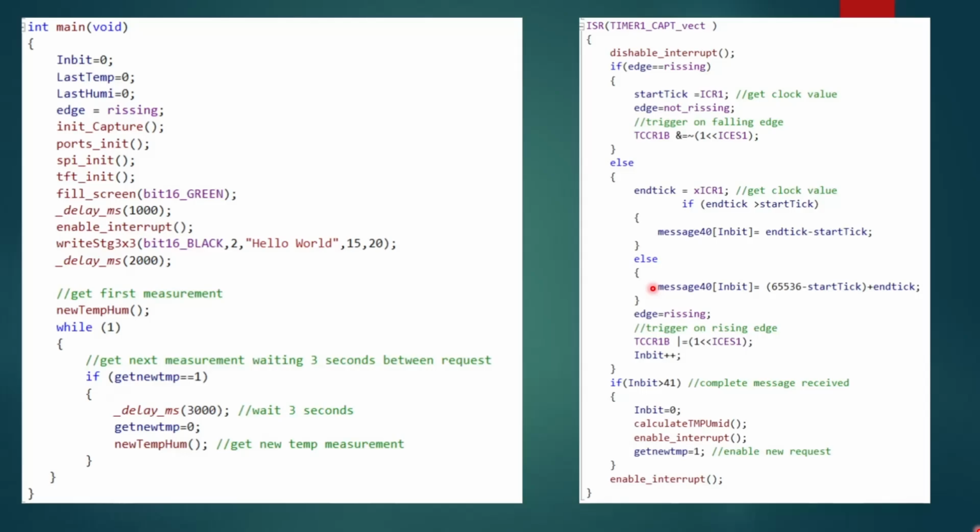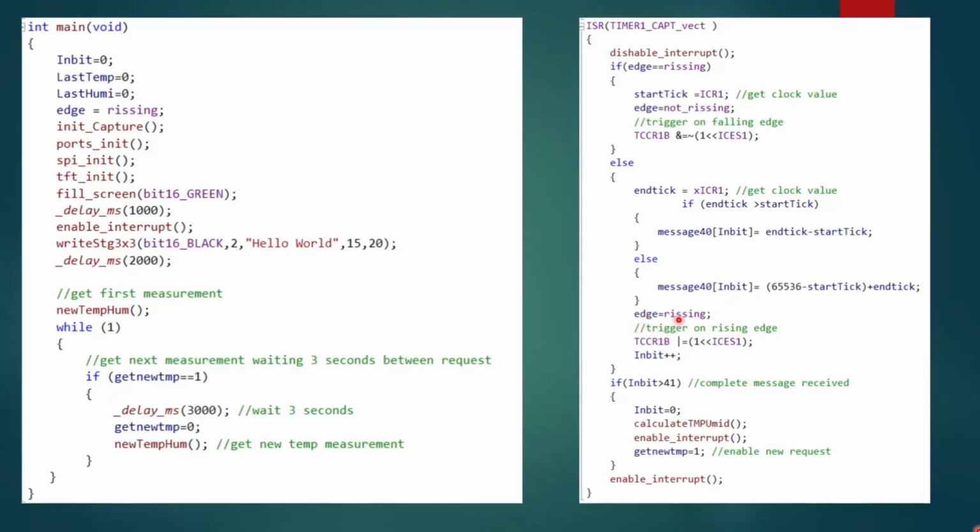Now, if that's not true, that means that we've gone to the end of the clock and we're starting again. So what I need to do in that case is I need to subtract the 65,536 minus the start tick, and then I need to add the end tick, because at this point the clock rolled over, so I need to account for that. So then I place the value into the message 40.